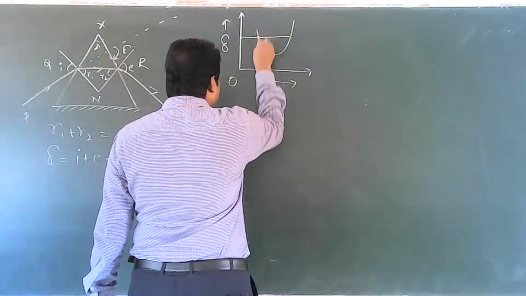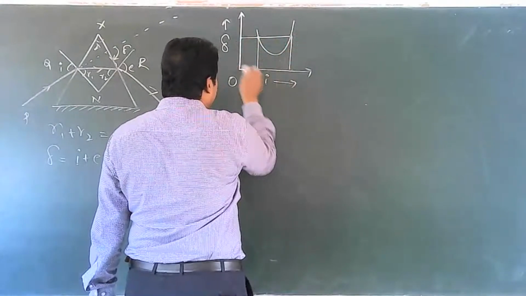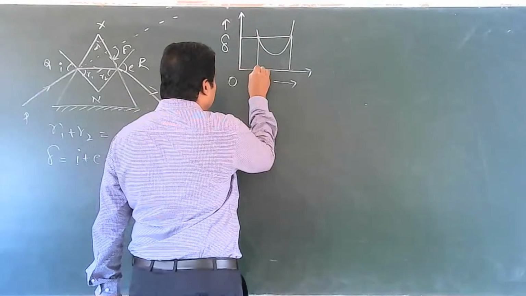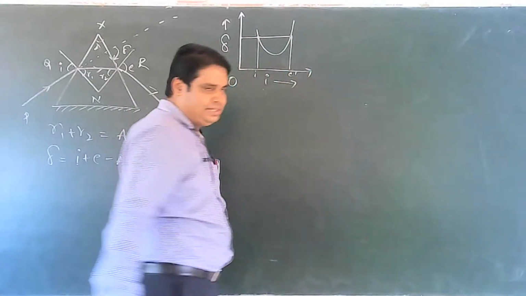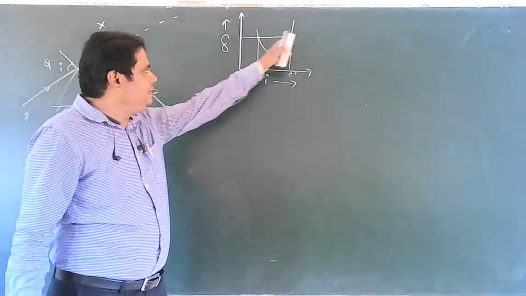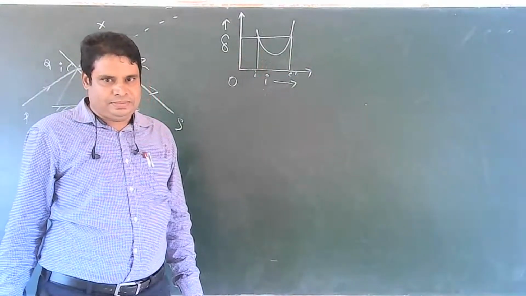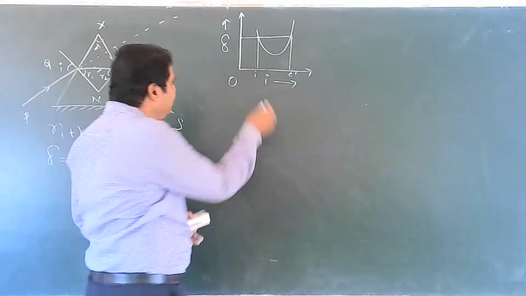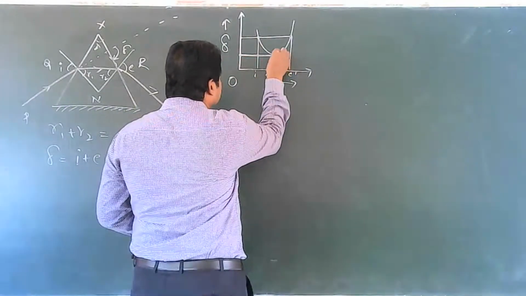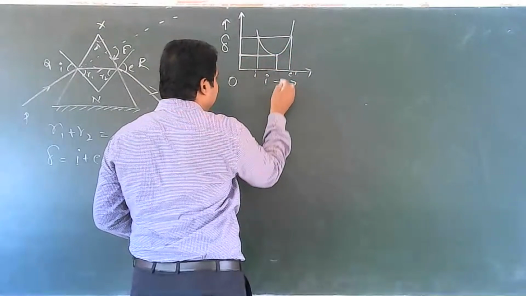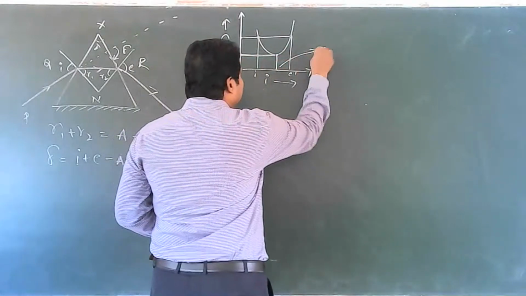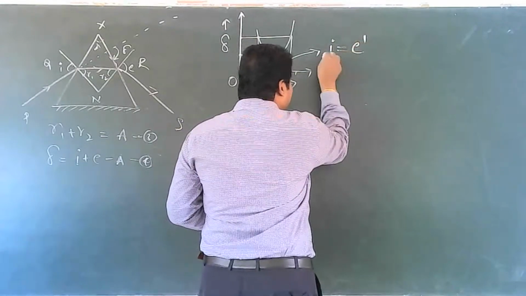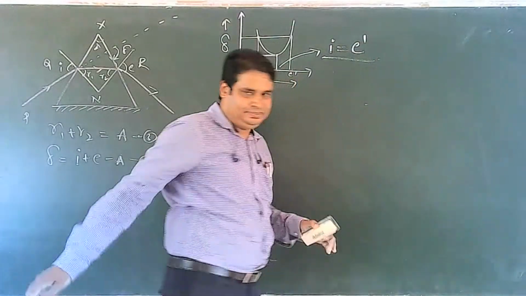For every value of deviation delta, we have two values of angle of incidence. This one value, this one value. We observe somewhere here that angle of incidence is equal to angle of emergence.